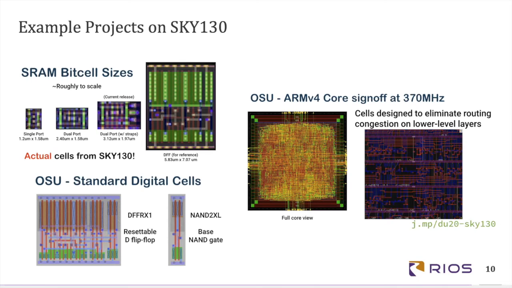Someone also implemented an ARMv4 core using the Skywater 130. Skywater 130 is not a very advanced technology, but we can still use it to do something useful and get not bad performance.